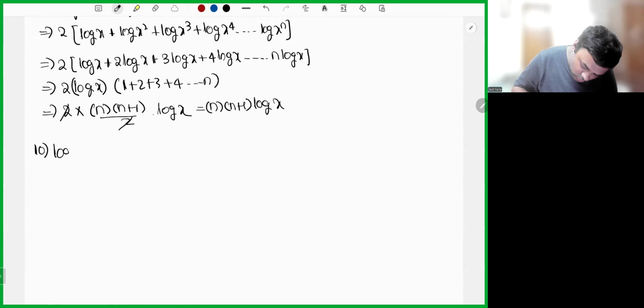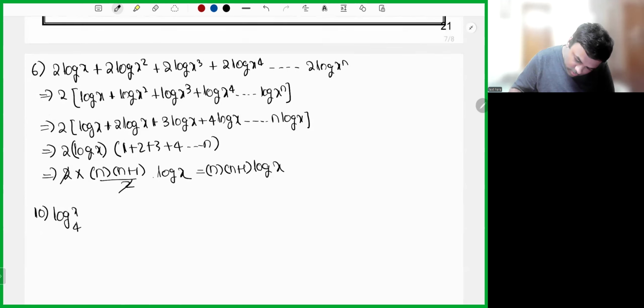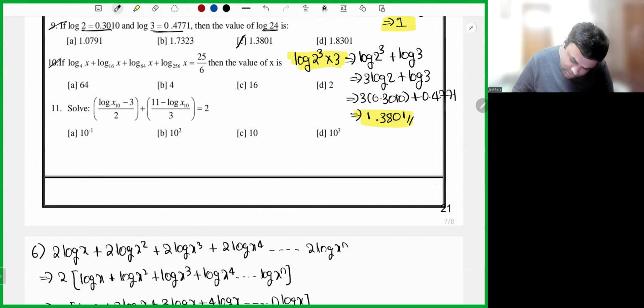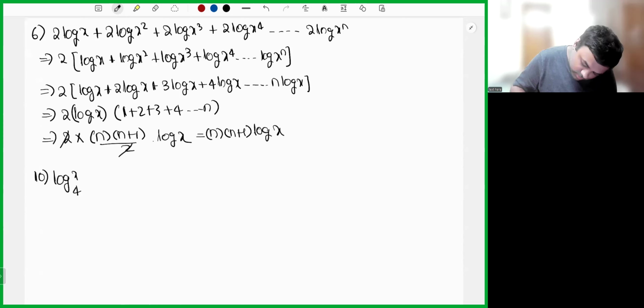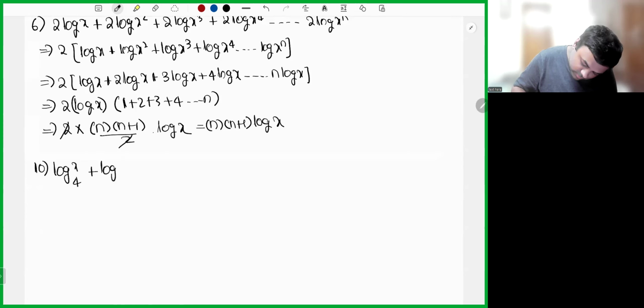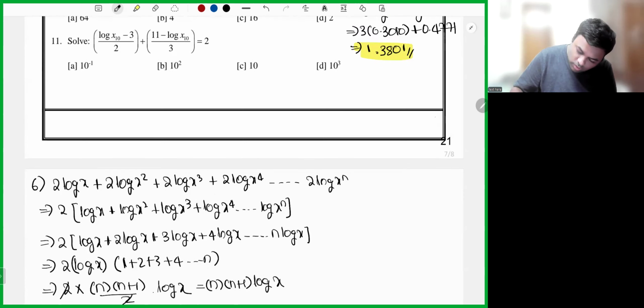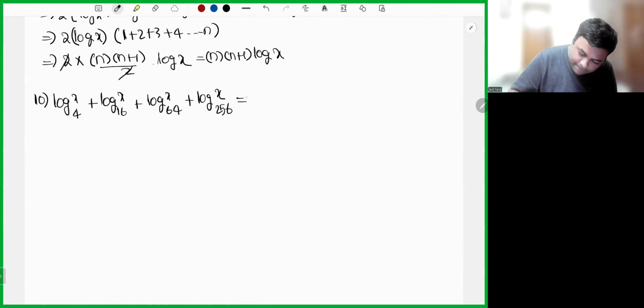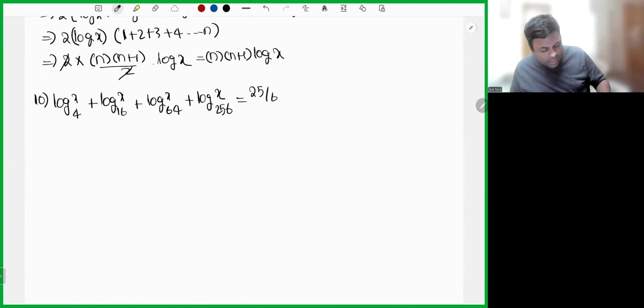Log x base 4, 16, 64, 256 equals how much he gave? 25 by 6. Okay. What he's asking, my dear friends, is to calculate the value of x. Then let's calculate what that is.